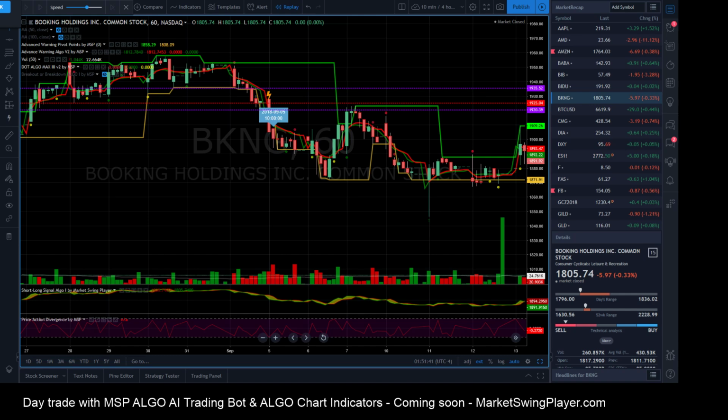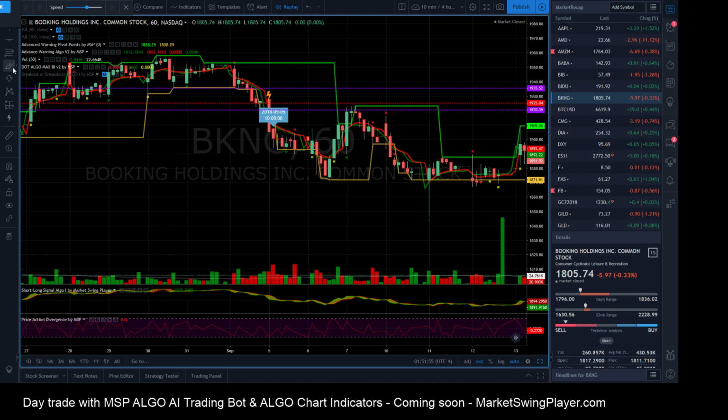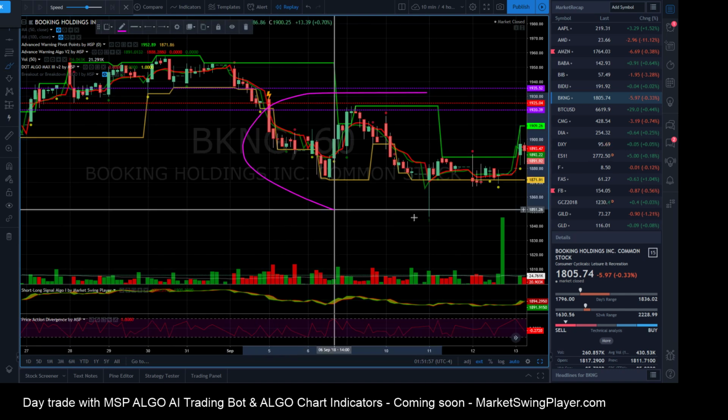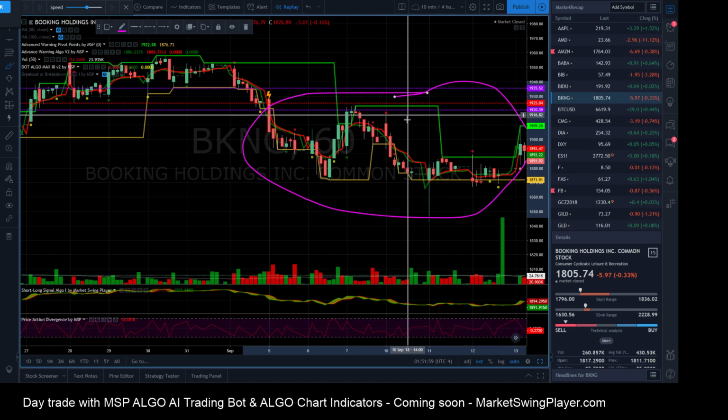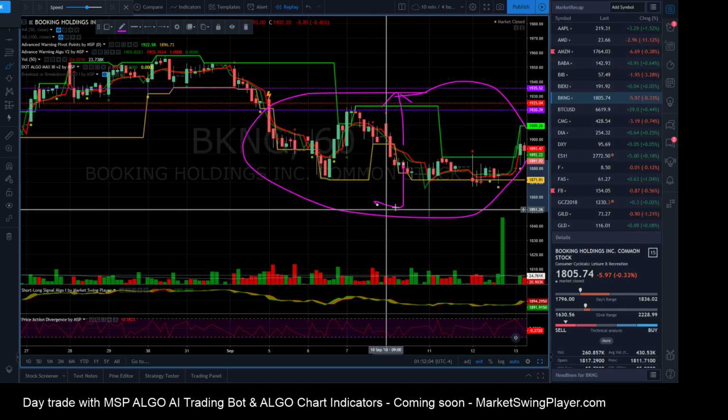Based on the algorithm and the intel we get, that is not your best option, because that option is going to decay as long as it stays in a chop range. Okay, you see how it's just really chopping in a range? It's really going nowhere, right?